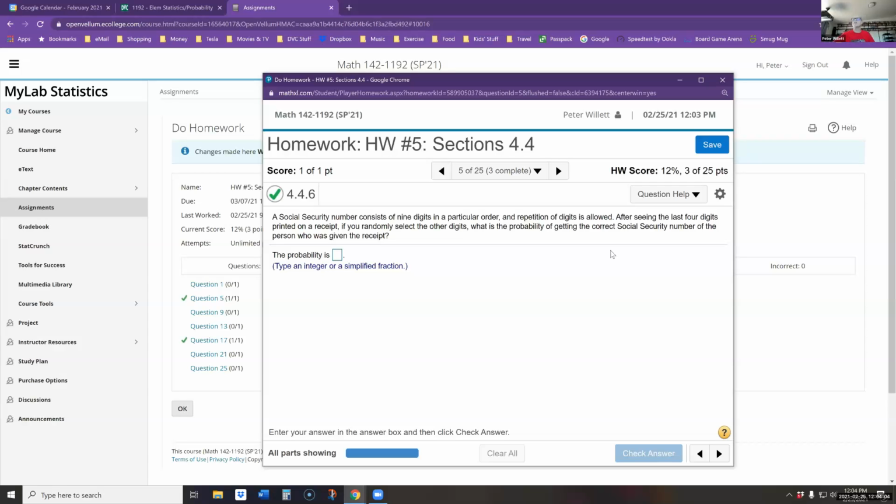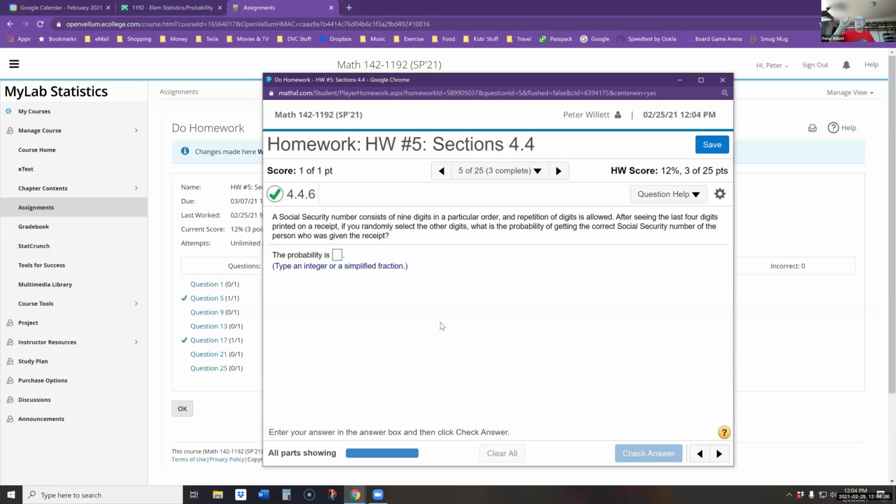So having said that, it says, after seeing the last 4 digits printed on a receipt, if you randomly selected the other digits, and since there's 9, there would be 5 other digits, what is the probability of getting the correct social security number of the person who was given the receipt? You find somebody's receipt, you see the last 4 digits of their social, what's the chance you could just guess the other 5? Well, again, a correct guess is only 1. And how many ways could the other 5 digits have occurred?